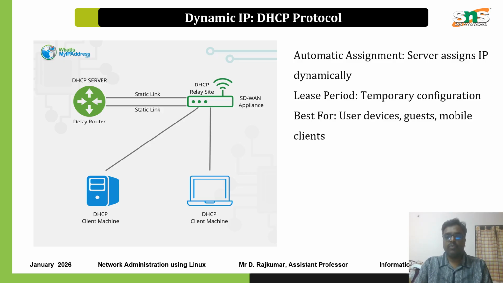It is used for user devices, guests and mobile clients, who visit our network only a minimal number of times. They are not a permanent part of our network; whenever they access our network, they use our services and then go off. This is the best usage of DHCP, where the IP address is assigned dynamically.